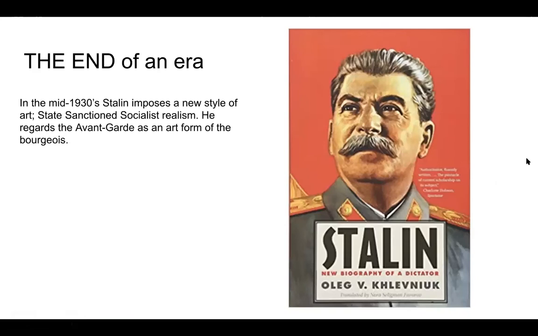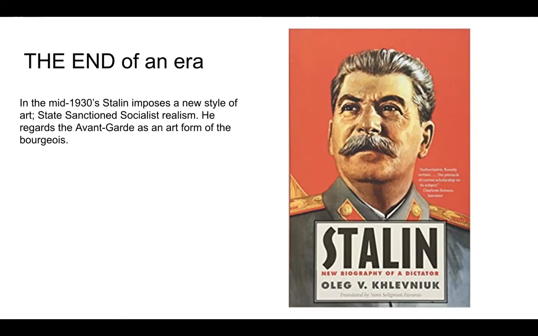So in the mid-1930s, we see the end of constructivism. Stalin imposes a new style of art, and that art is state-sanctioned social realism. He regards the avant-garde as a form of bourgeois art.